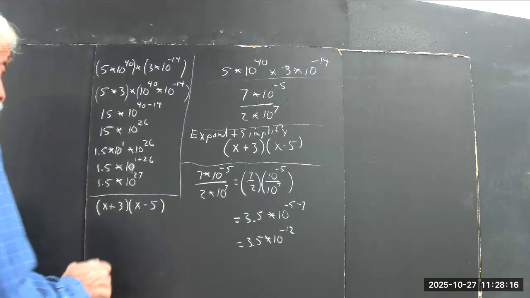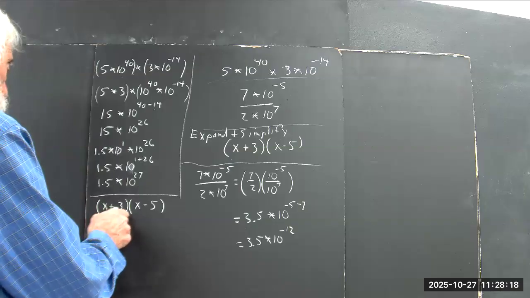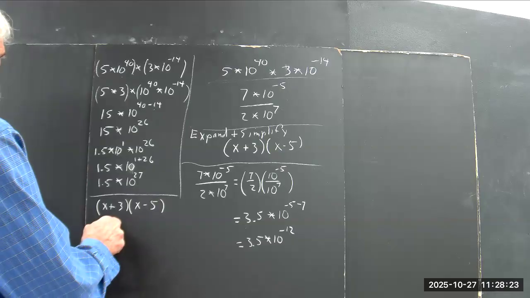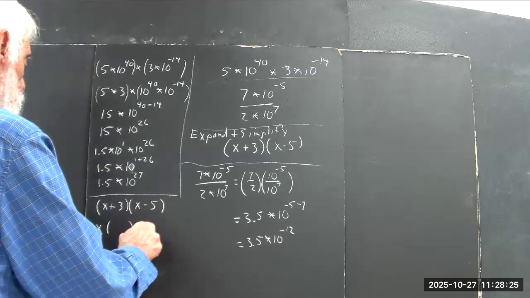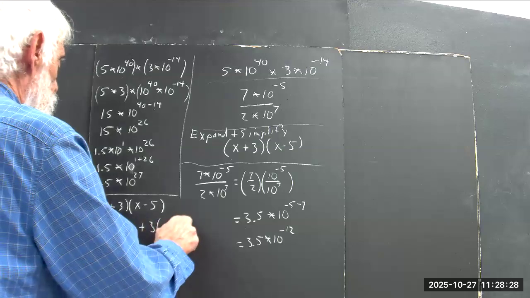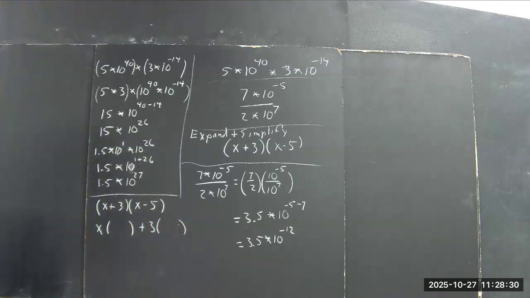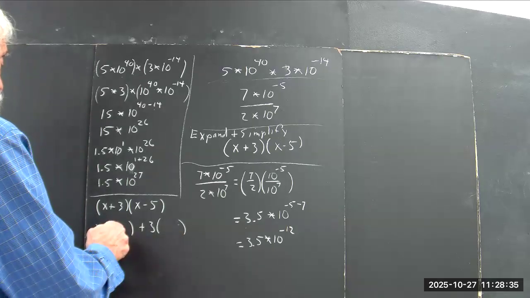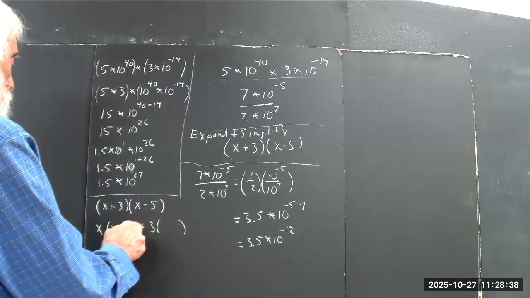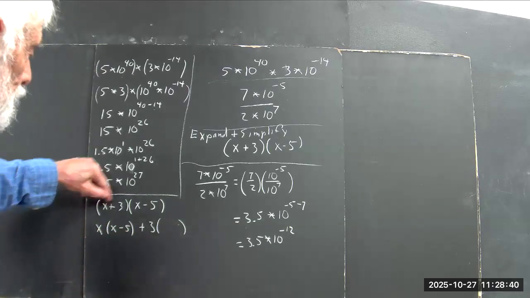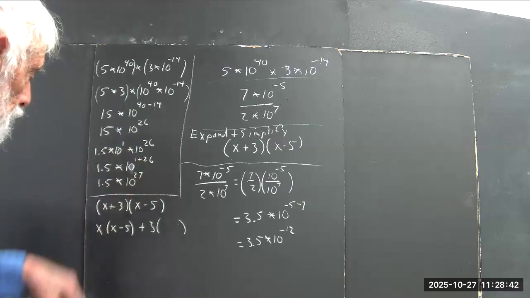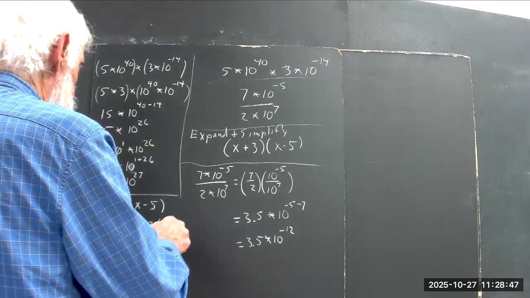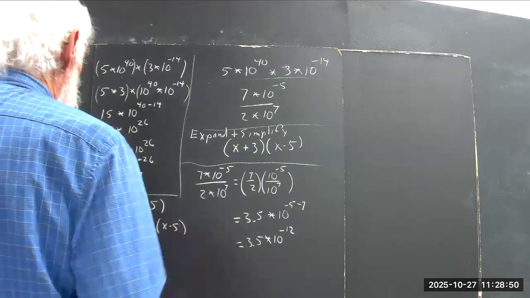Now, by the distributive law, x plus 3 times something means you multiply x times that something plus 3 times that same something. And of course, that something is your x minus 5. So we have x times the quantity x minus 5 plus 3 times the quantity x minus 5.